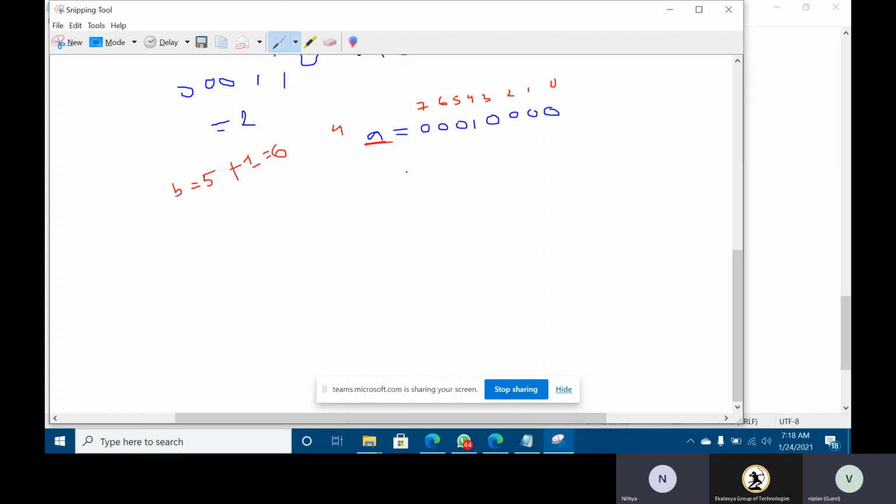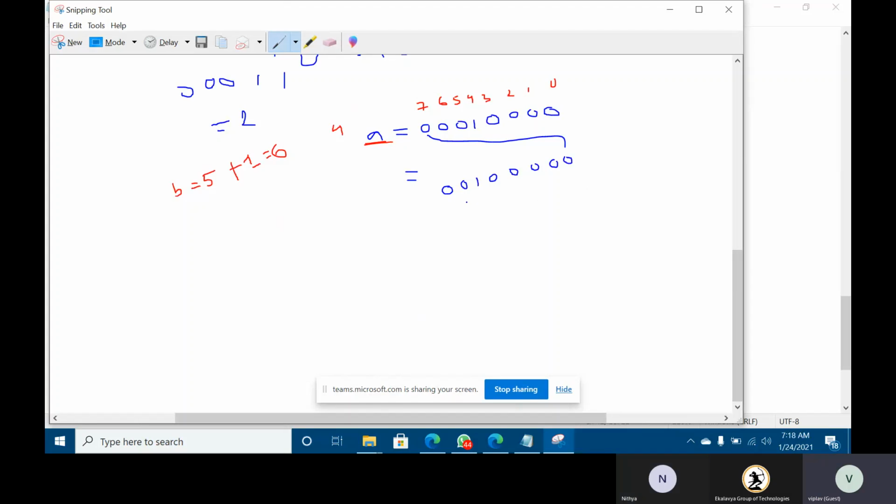First shift: this 0 will come here at 0 index. So 0, then next 0, 0, then next 0, then next 0, then next 0, then 1, 0, 0, 0. Okay, so this is the first.